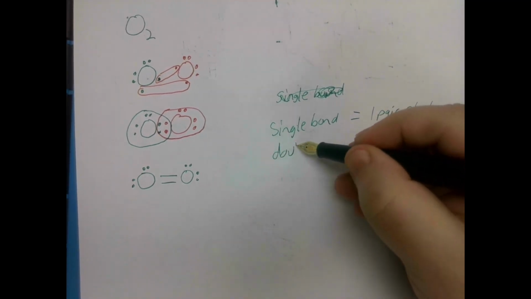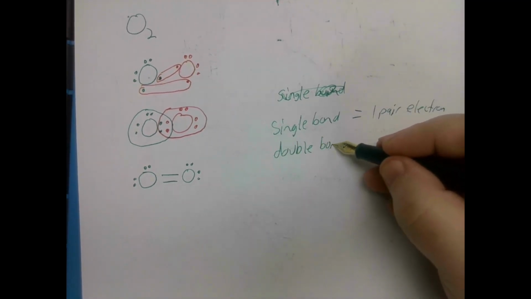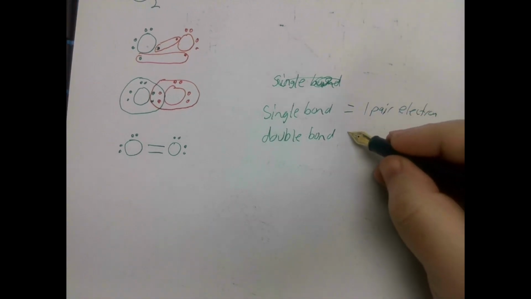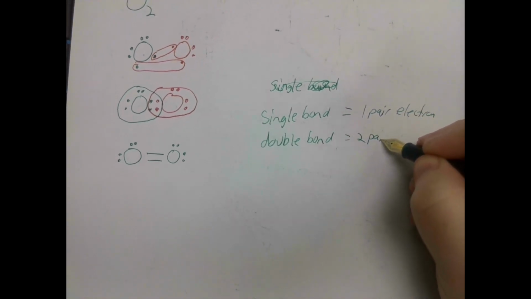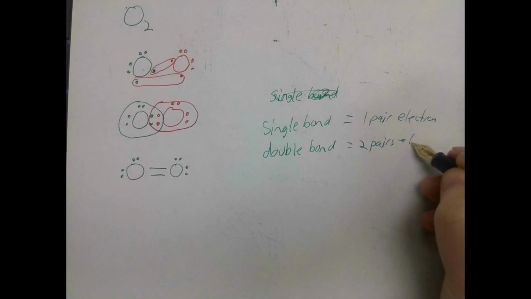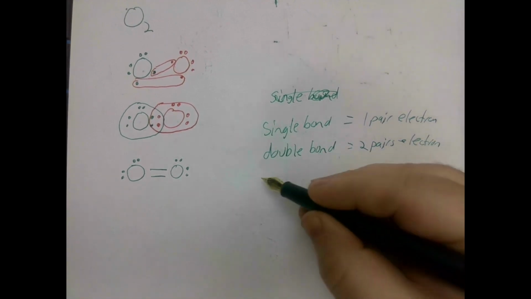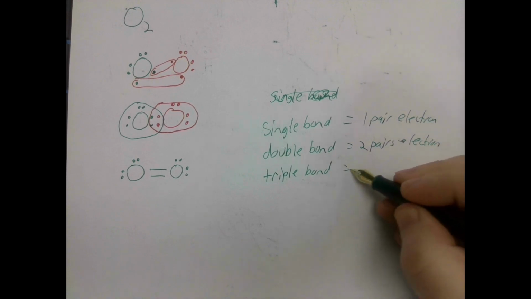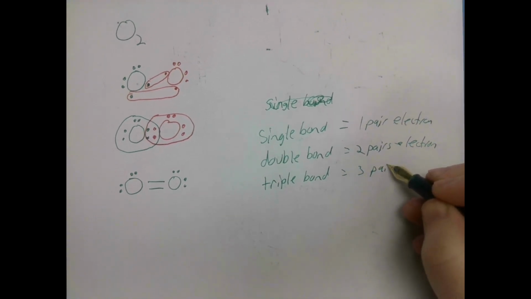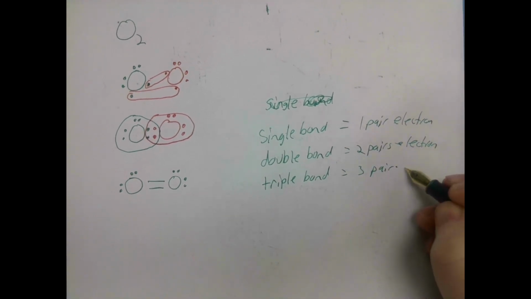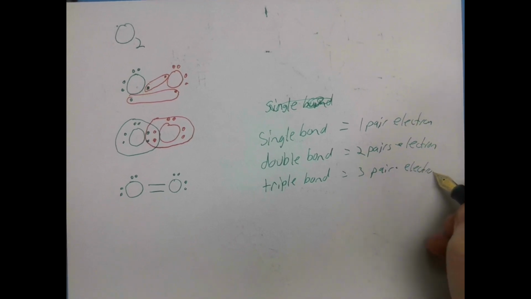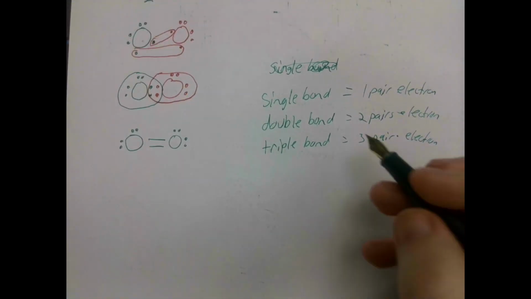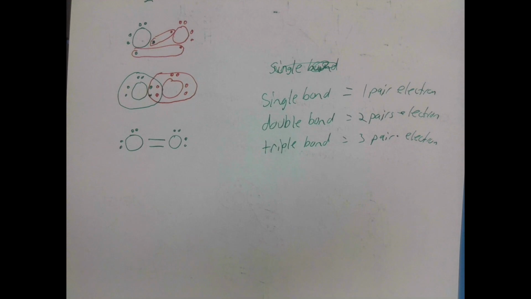A double bond is how many? It's 2 pairs. And a triple bond is 3 pairs. Which do you think is stronger? The triple bond is way stronger than the double. The double is stronger than the single. There is no trick question about it.